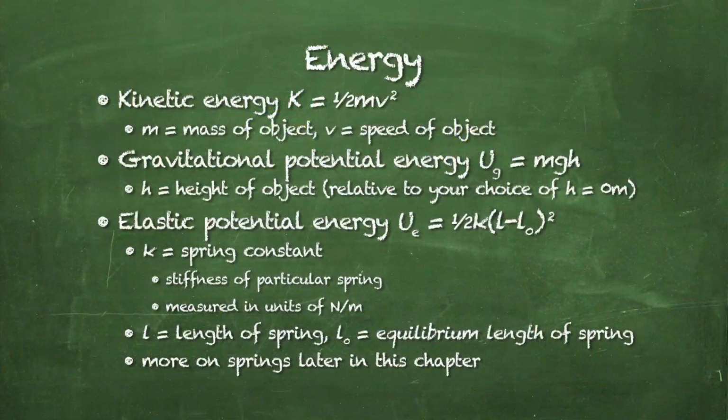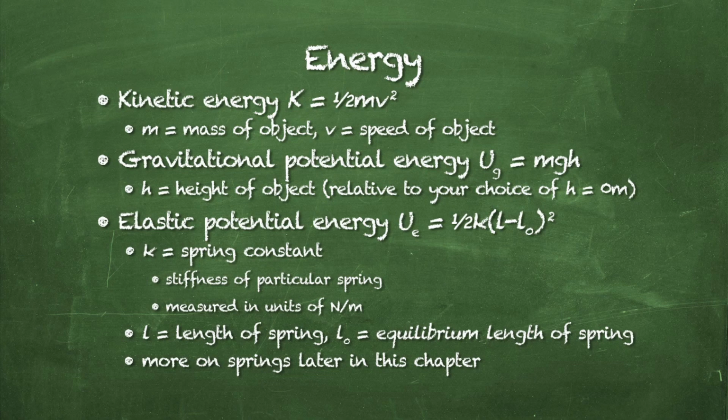So, to calculate the elastic potential energy, which we write as U for potential energy, sub E for elastic, that is 1/2 of the spring constant k times the quantity length minus length 0 squared, or UE equals 1/2 k times (L minus L0) squared.